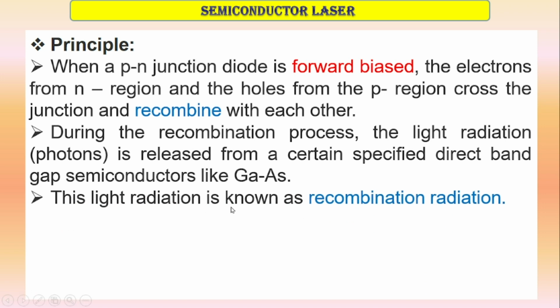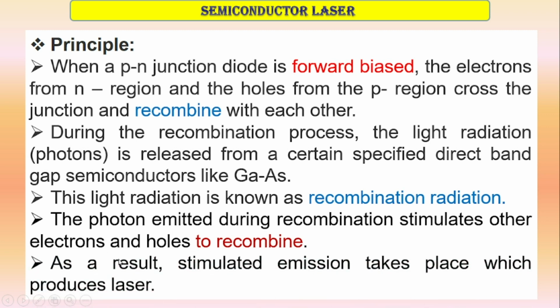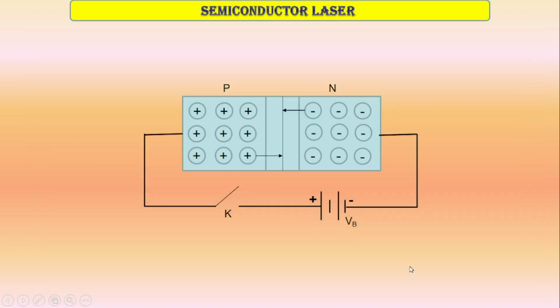This light radiation is known as recombination radiation, and the photon emitted during recombination stimulates other electrons and holes to recombine. As a result, stimulated emission takes place, which produces the laser beam.